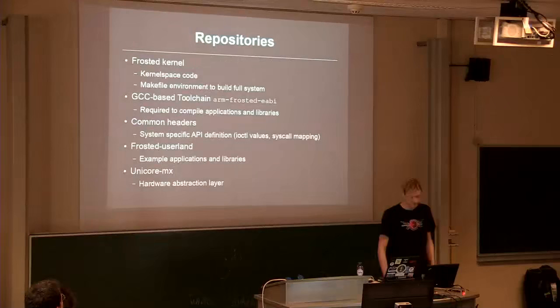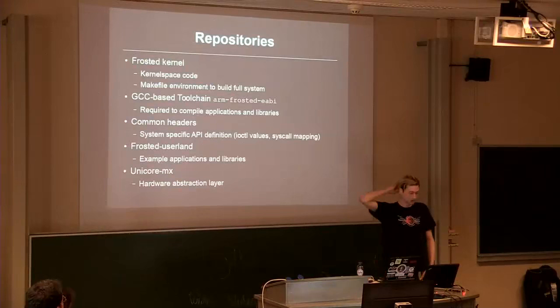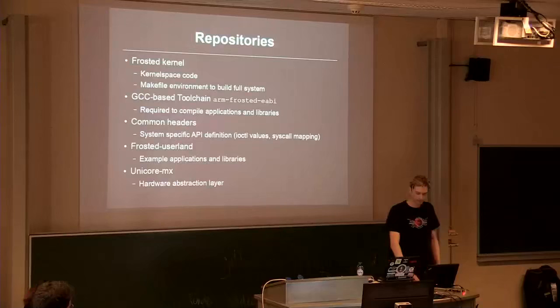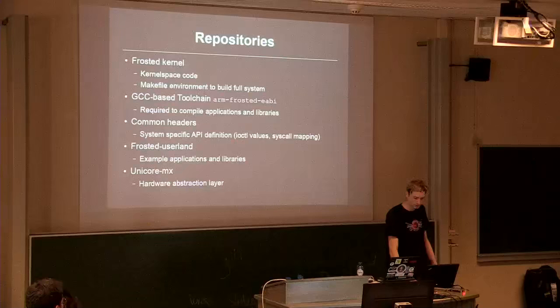So the repositories: we have the main repository of the kernel, which is the whole kernel. We have a repository for our own toolchain, which we build with CrossTool-ng, and we also make periodic releases of the toolchain.